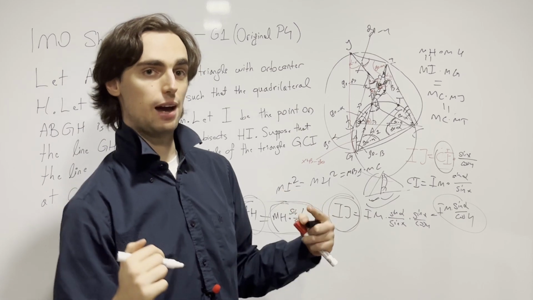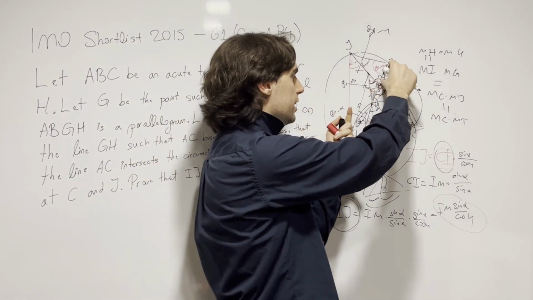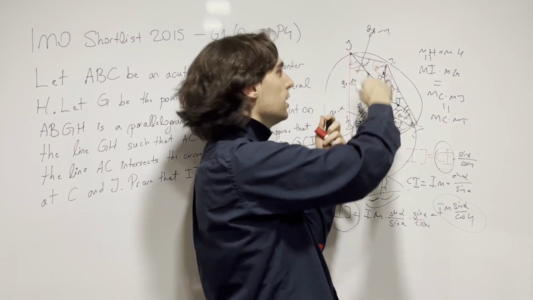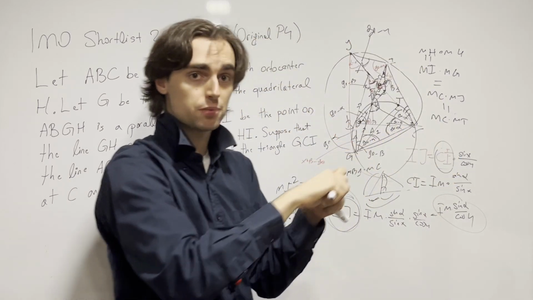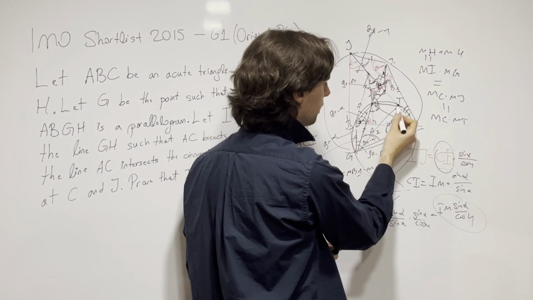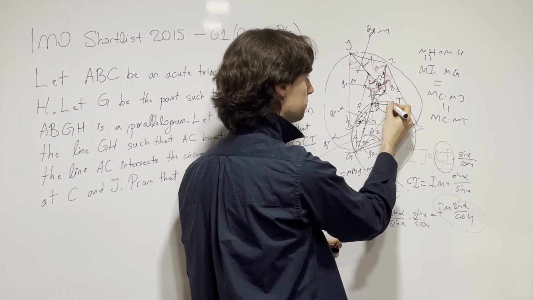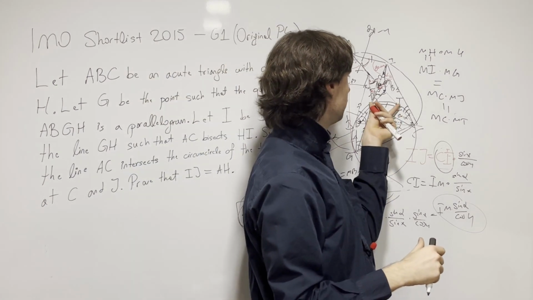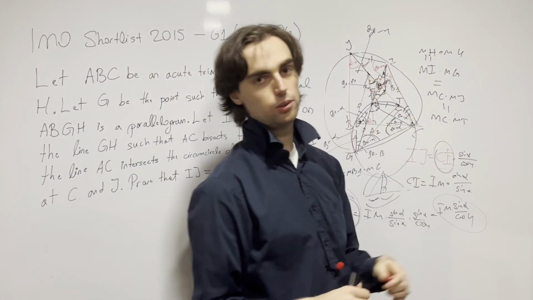But what do we also have? We have I is reflected over M, J is reflected over M. So that means that IJ is equal to HT. And now what we have to prove is that HD is equal to AH.